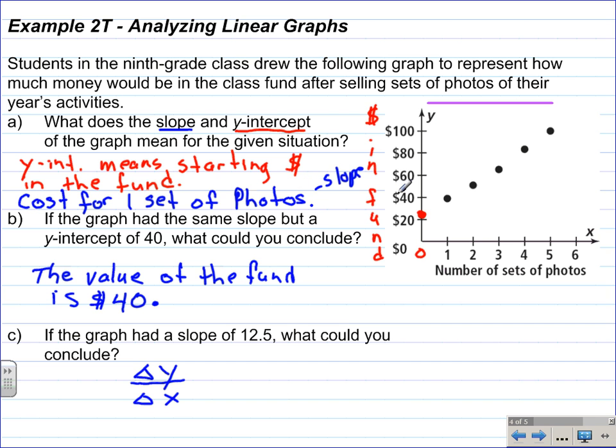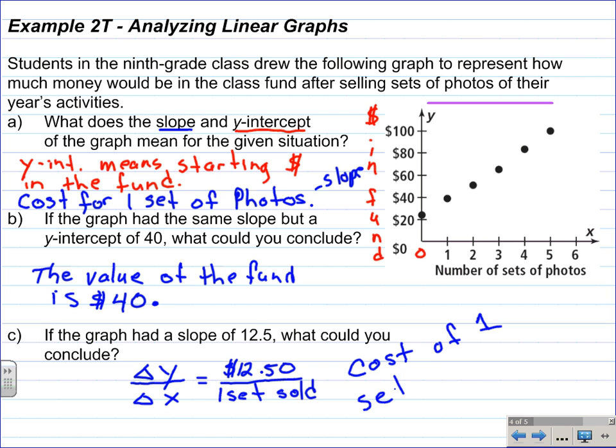So if it had a slope of 12.5, that means it'd be going up $12.50 for every photo set sold. So what we can conclude is that the cost of one set of photos is $12.50.